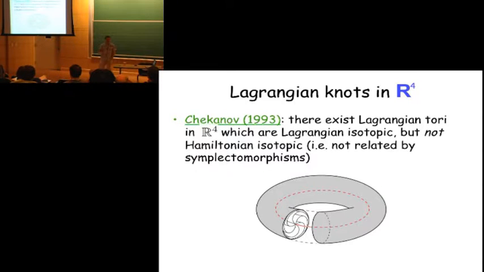So he found examples of Lagrangian tori embedded in the simplest symplectic manifold, in this case just R4. So let's start with R4 as our basic example. He found examples of tori which are embedded in R4 but are not Hamiltonian isotopic to the standard torus. So you can think of the usual torus sitting inside R4, and we'll talk a little bit about that in a second. And he found other examples by studying foliations, and this is what this picture is supposed to illustrate.